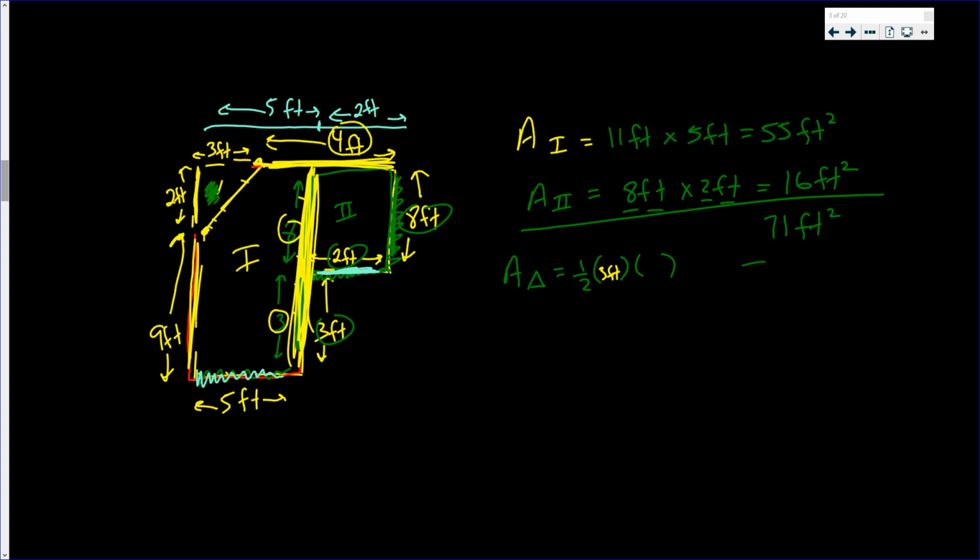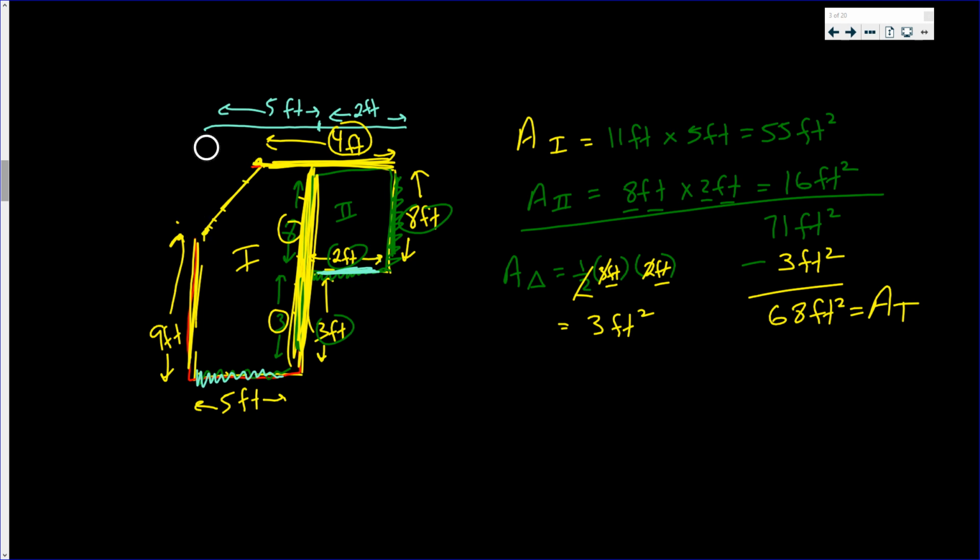So we're going to remove this area, which is 1/2 times the base times the height, which is 2 feet. Half of 2 is 1, times 3 is 3 square feet. So we have to take away 3 square feet, and we now have the total area without this triangular region.